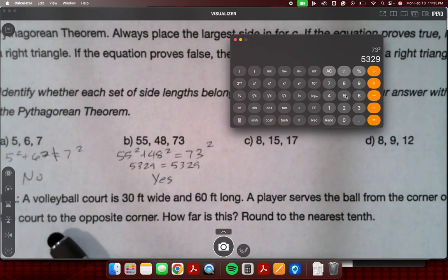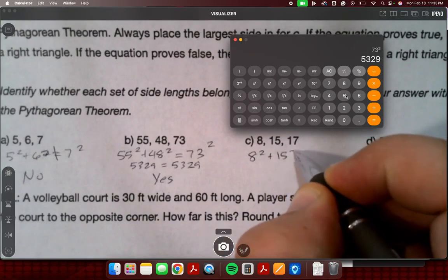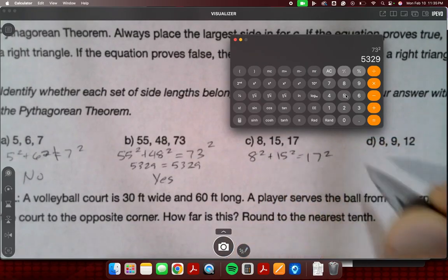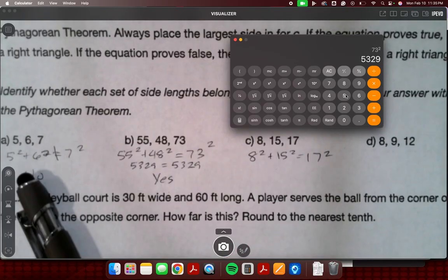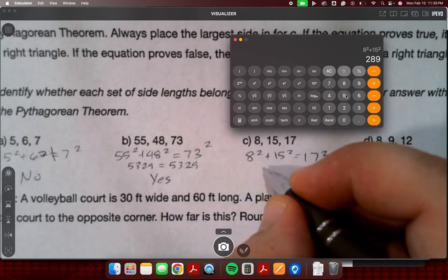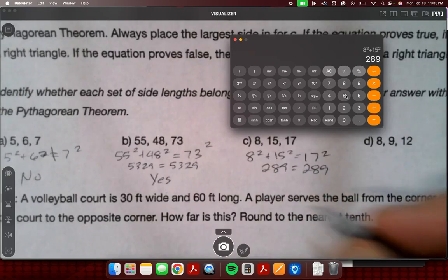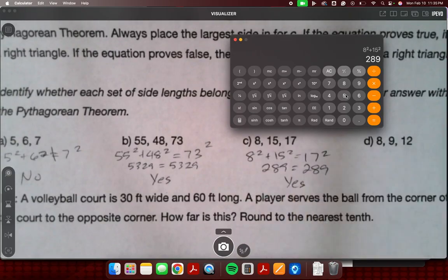Okay, so for c, we plug the smaller two sides in for a and b. We plug the longest side in for c. So 8 squared plus 15 squared is 289. And guess what? 17 squared is also 289. So yes, these can form a right triangle.